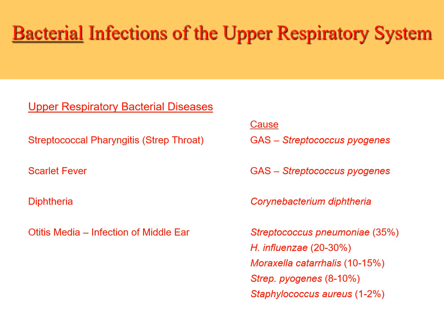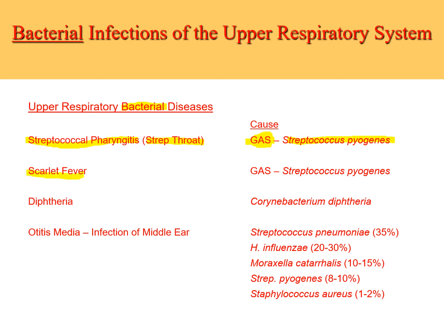Upper respiratory bacterial diseases include streptococcal pharyngitis, which is commonly called strep throat. This is caused by Streptococcus pyogenes, group A beta hemolytic streptococcus, GAS organisms.